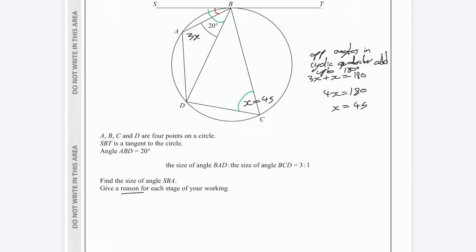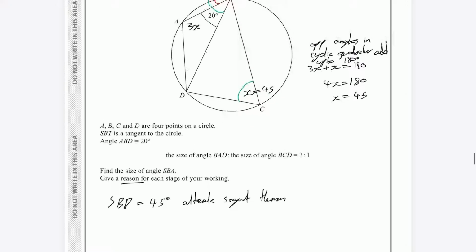So we can then say that SBD is equal to 45 degrees, and the reasoning is alternate segment theorem. And then we are left with SBA, which is what the question asks for. SBA is then going to be 45 minus 20, which is going to be 25 degrees.